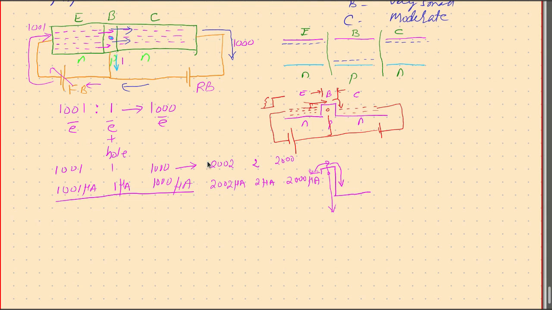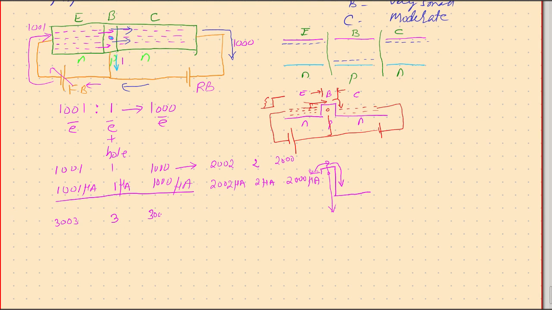Further increase, so this may further increase to 3 rounds. If they do 3 rounds, then the same 1001 electrons participate 3 times in a given time. Therefore, you can say that 3003 electrons have traveled in a given time, and 3 were occupying the base region.